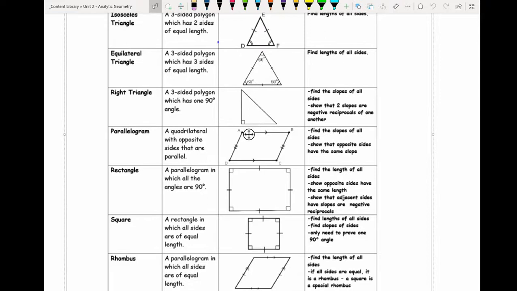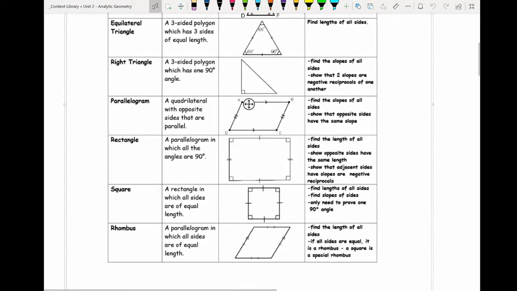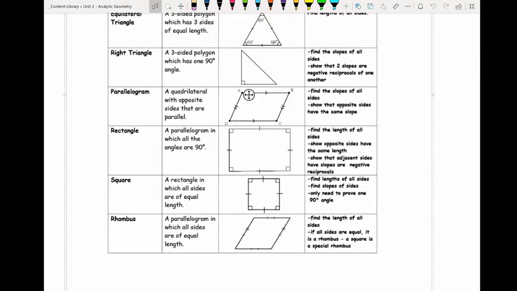For a rectangle, you need to find all the lengths of the sides, show that the opposite sides have the same length, and then show that the sides beside each other have negative reciprocal slopes for those 90 degrees. For a square, you have to find all the sides to show that they're all the same, and you need to find the slopes and then prove that there is a right angle in there.